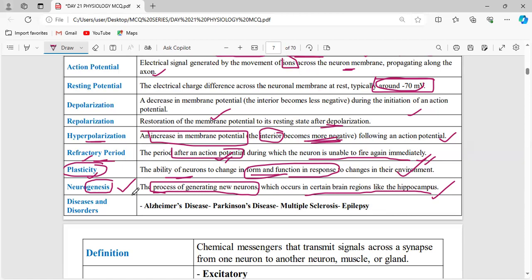Now, my question is how cell division happens in neurons, whether it is very fast like in other areas, or whether it shows some difference when it comes to the nervous system.